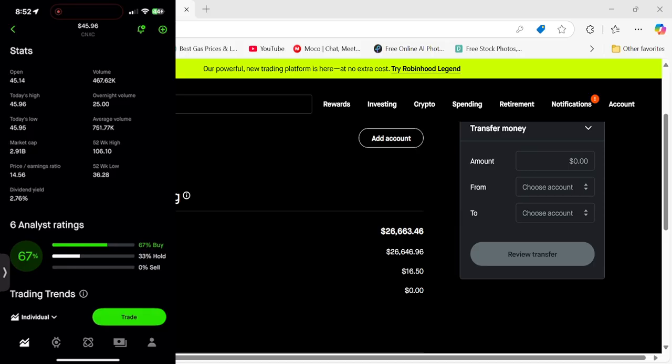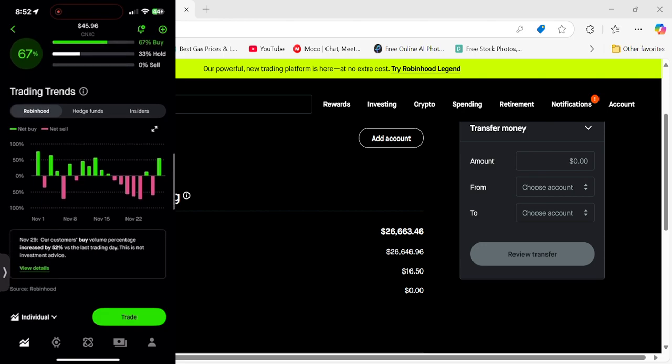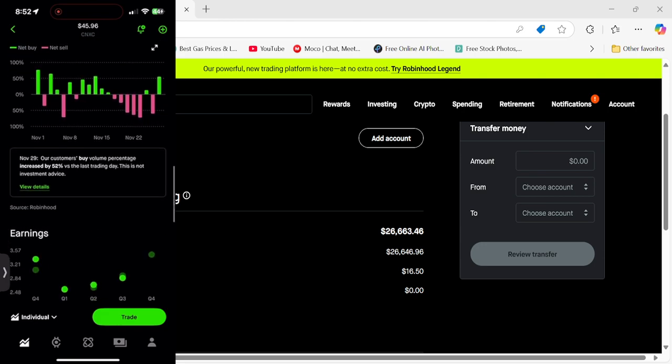And the high on that is basically a 3-turn, because the high is 106.10. It's basically a $70 profit if you hold on to it till it matures. So it says 67% of the people buy this, 33% hold on. And the customer volume increased by 52% since last trading day.